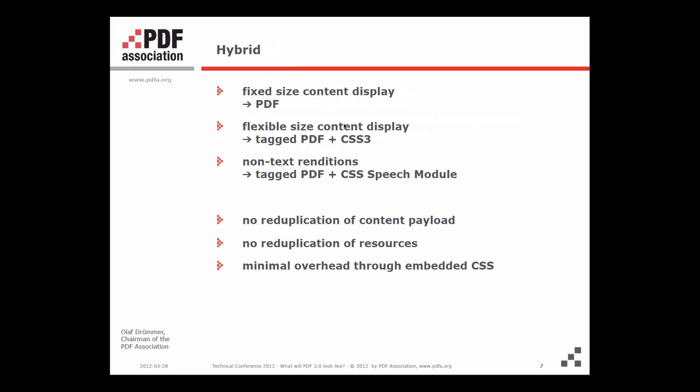And one approach to do that would be to think of a hybrid file, a file that at its base is still just a normal PDF file. And then use some mechanism that already exists that will have to be combined with PDF to do interesting other things.